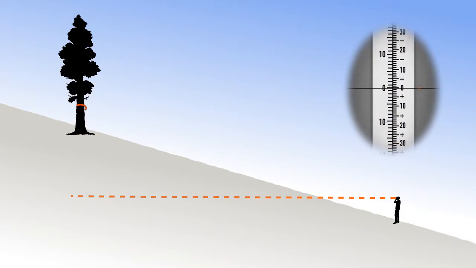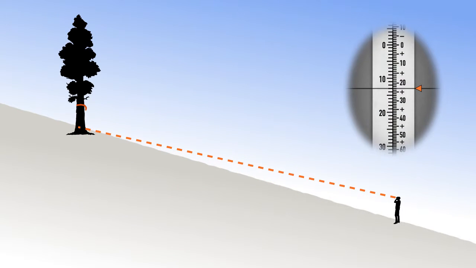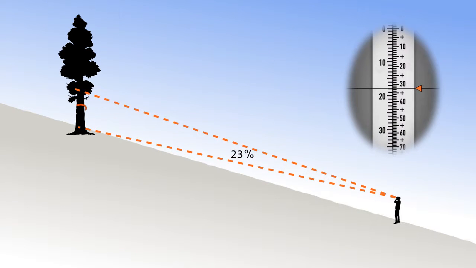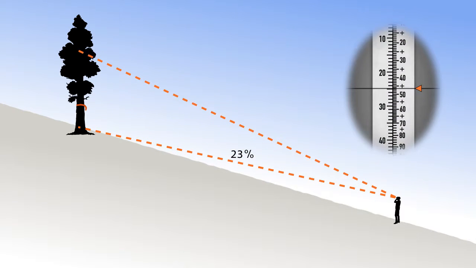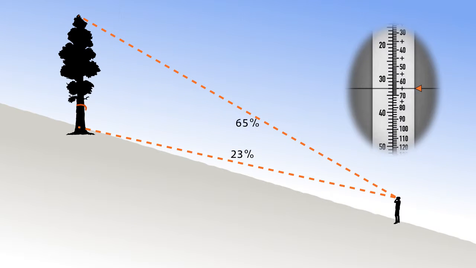Using the clinometer's percent scale, if I focus on the bottom of the tree, I have a percent reading of 23. Next thing I do is focus on the leader, the very top of that tree. The percent scale for the very top of the tree, the leader, is 65%.